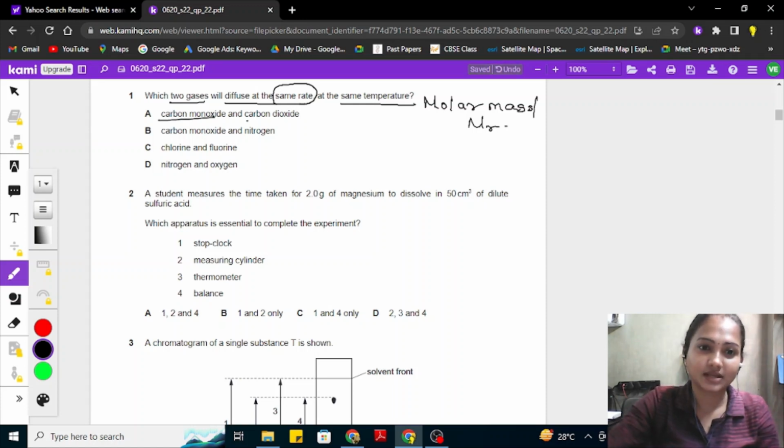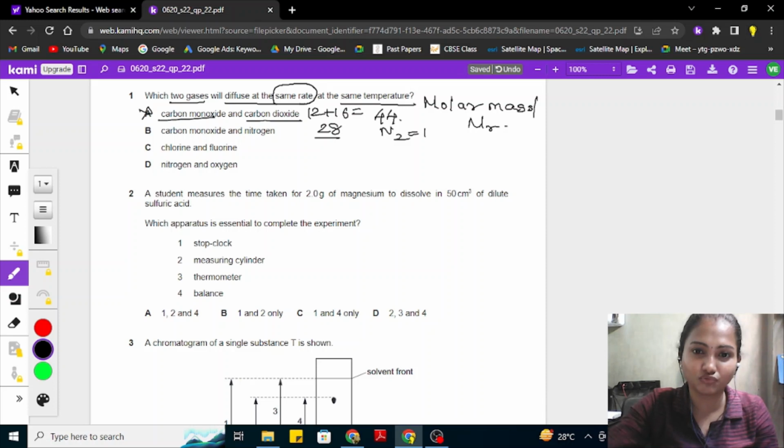Carbon monoxide, carbon dioxide, no, it is not possible. Carbon dioxide has an Mr of 44 and carbon monoxide is 12 plus 16, it's going to be 28. So this is not. Carbon monoxide and nitrogen: for carbon monoxide it is 28, nitrogen N2, 14 into 2, it is 28.